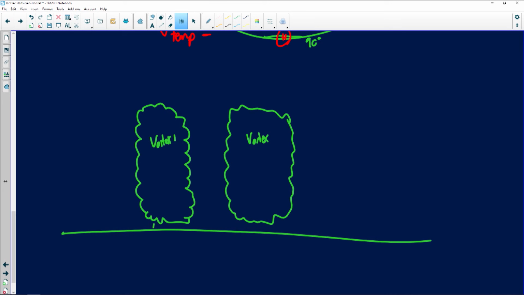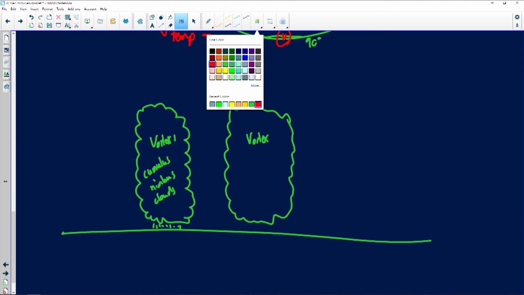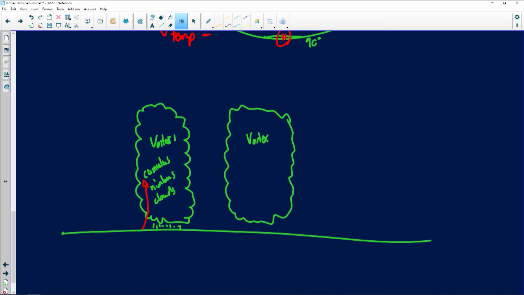Okay, so obviously these are cumulonimbus clouds, lots of rainfall. Why? Because we have very strong convection taking place because of the warm ocean temperatures. Okay, the air rising. Okay, but what happens up in the vortex? We experience divergence.